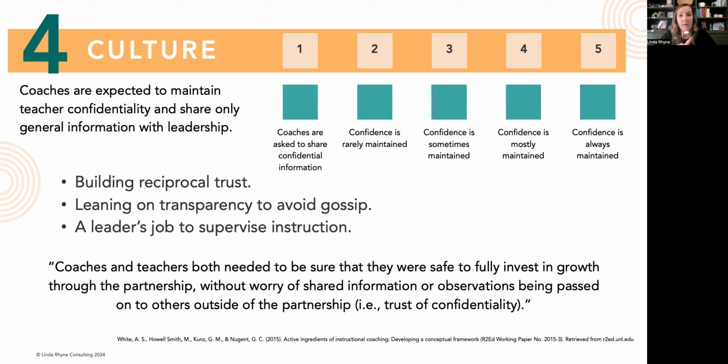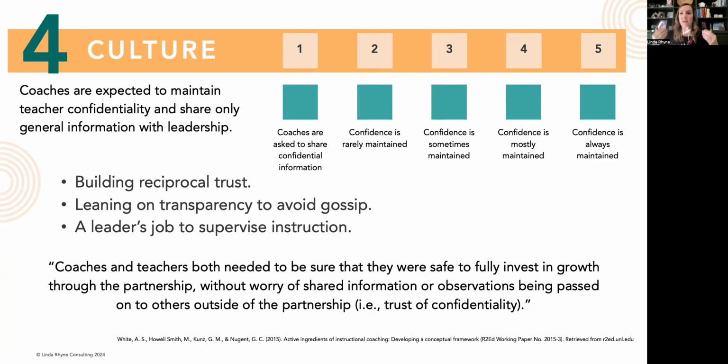Now, there's some caveats here. The goal with coaching, and we know we have to establish a trusting relationship, and that trust needs to be reciprocal. So both of the people in that relationship need to know what they're working on, know what goals they're working on, and how that's going to go. So for me, the main key piece here is that we lean on transparency.